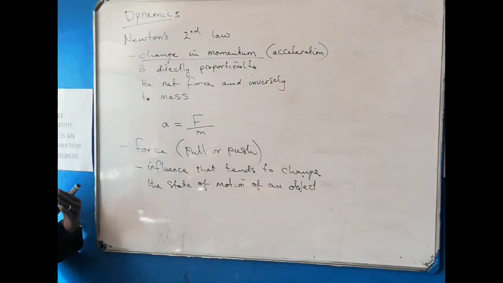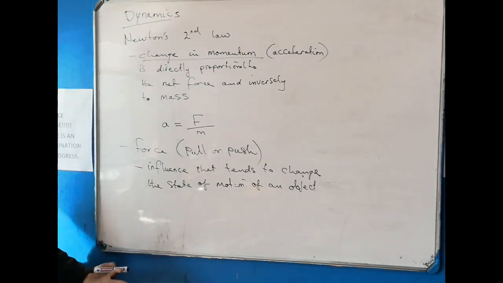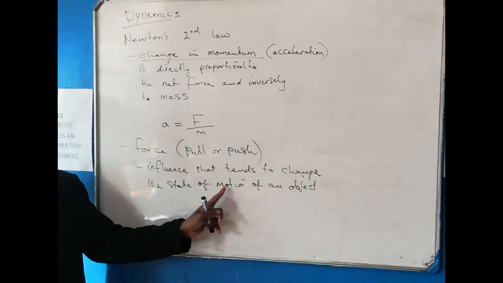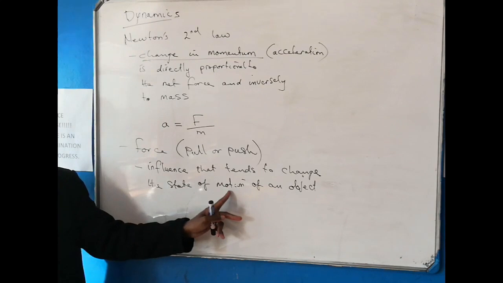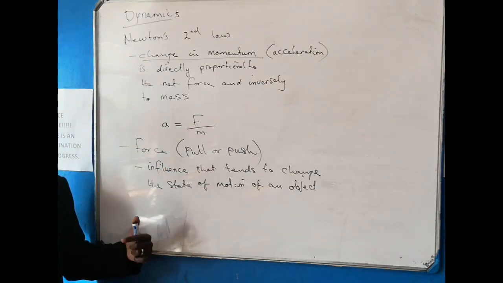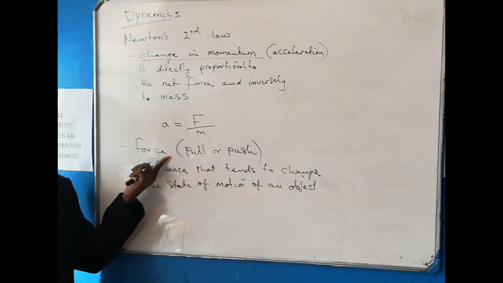So in other words, a force wants to change the state of motion. How would it make sense? For a vehicle to change its state of motion, there has to be what? A force. If a vehicle was not moving, for it to start moving, there has to be what? A force.